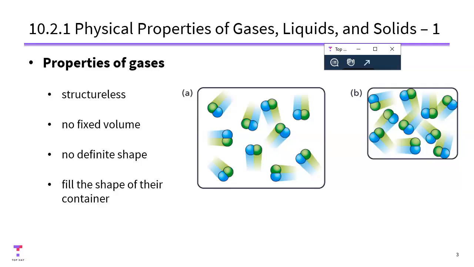And in solids, those intermolecular forces were strong enough that they actually caused the solid to have a shape, and that shape was defined and rigid and kind of immovable in some ways. Gases are the exact opposite of this.